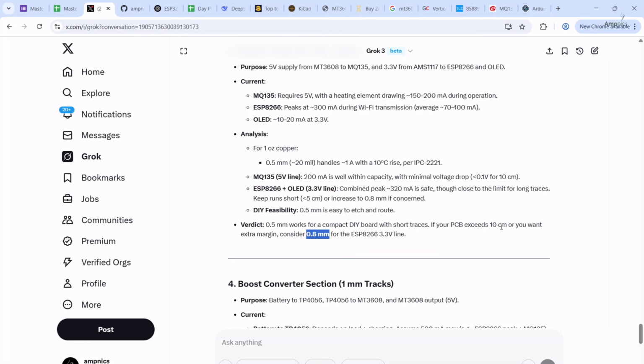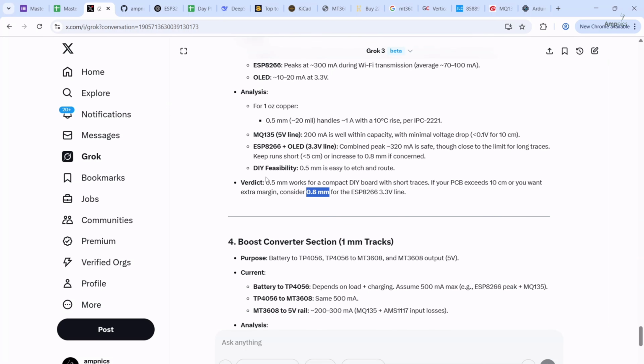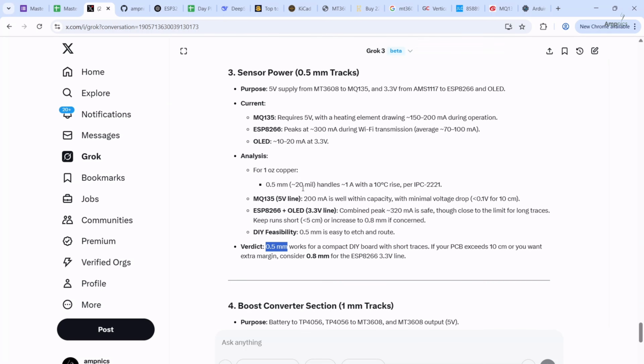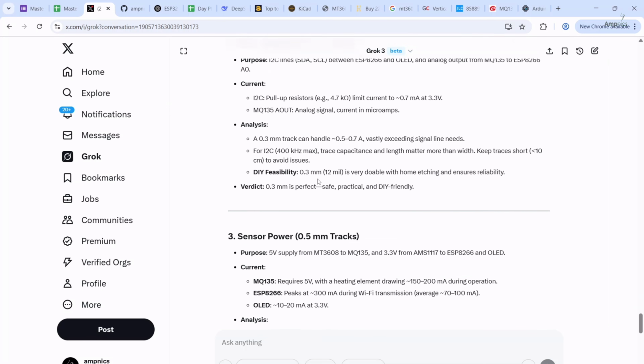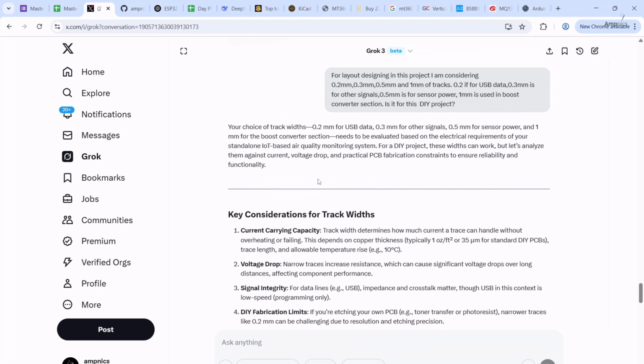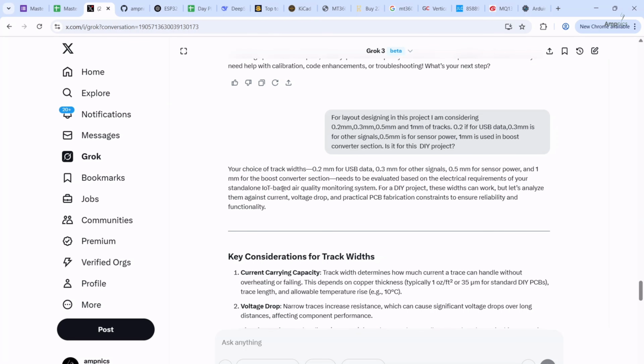Well, our PCB is not 10 centimeters, and you can go with 0.5 mm. So I can say whatever data I suggested here is completely fine. We can go with this only.